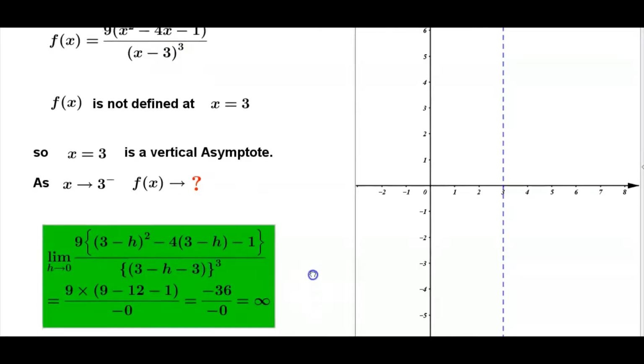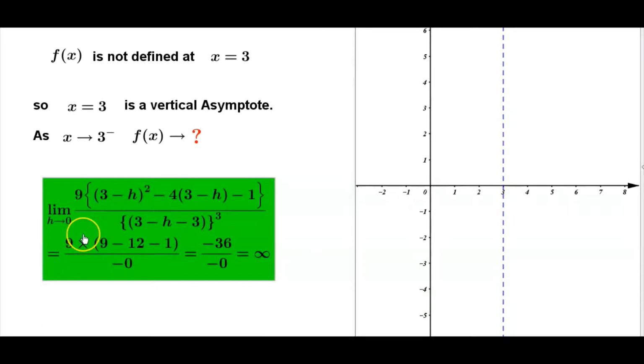When we simplify, as h tends to 0, this becomes 9 into 3 squared, 9 times 9, minus 12 minus 1, divided by 0 minus 0. In the numerator we get minus 36, and the denominator is minus 0, therefore this is infinity. Therefore the left hand limit is infinity.